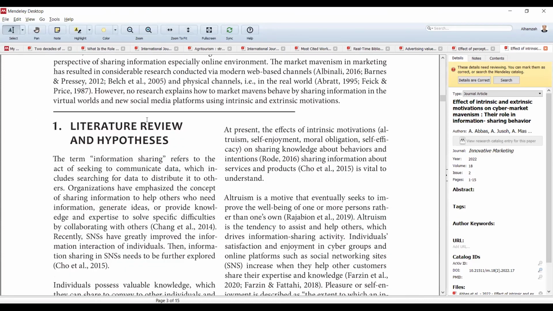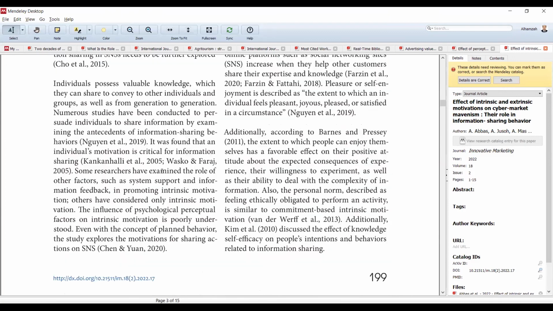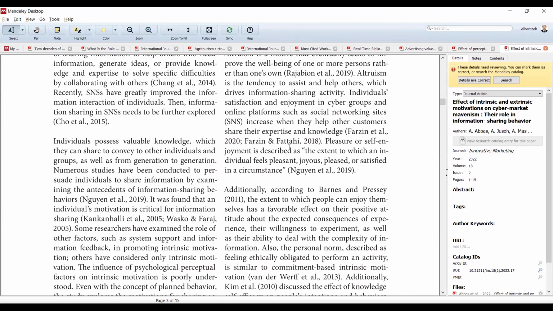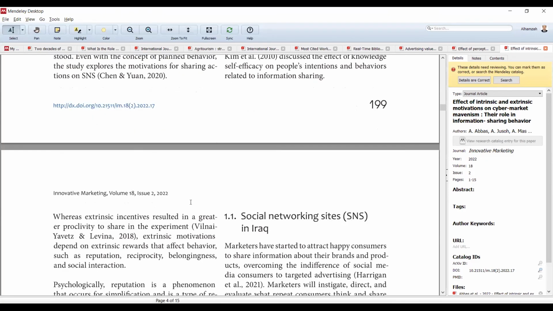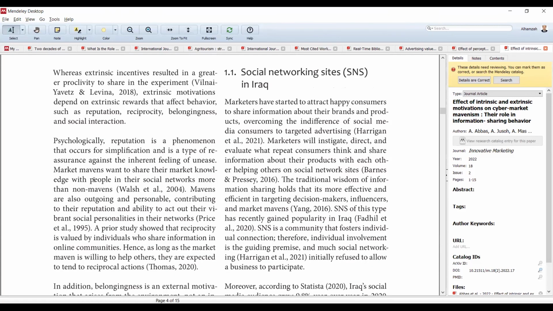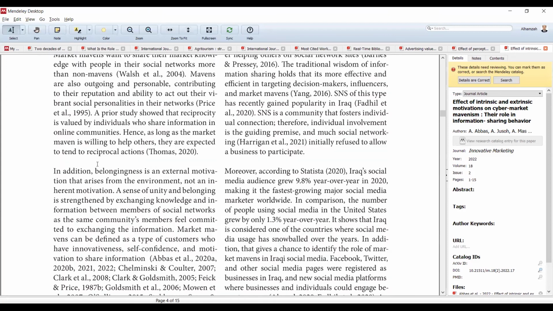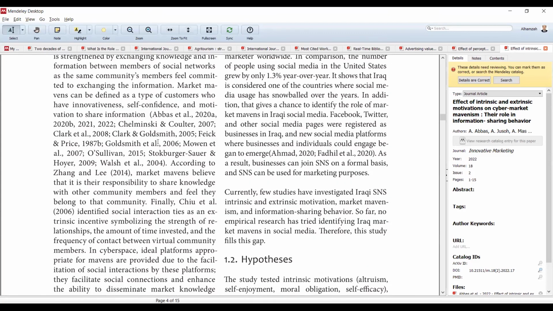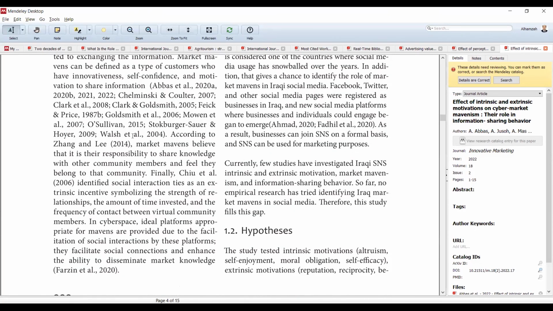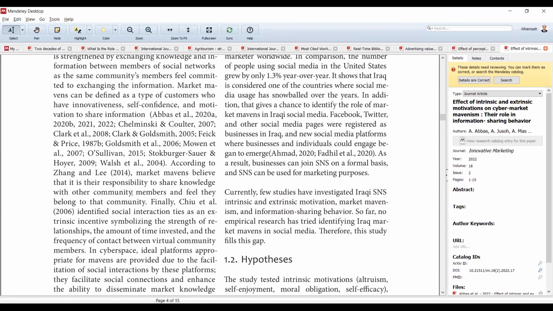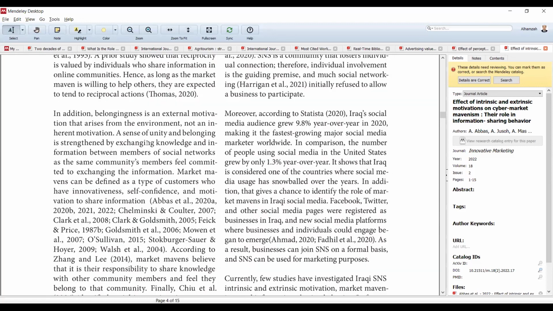Then I talk about the literature review and hypothesis. Here you can see this is the literature review of my work, talking about the previous literature on my variables, as you see here. It should also be modern.